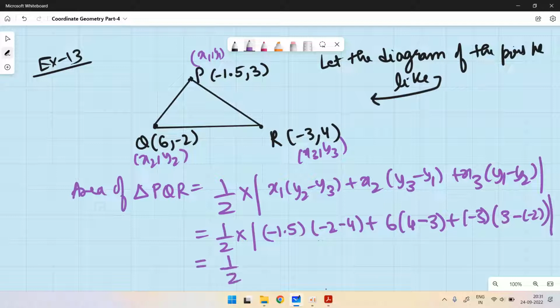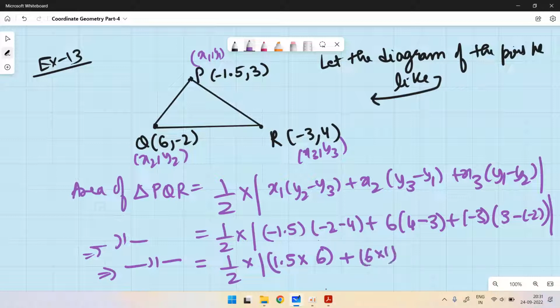If you open this, the area is given by minus 1.5 into minus 6, and next is 4 minus 3, which is 1, so 6 into 1, plus minus 3 into 5, modulus.